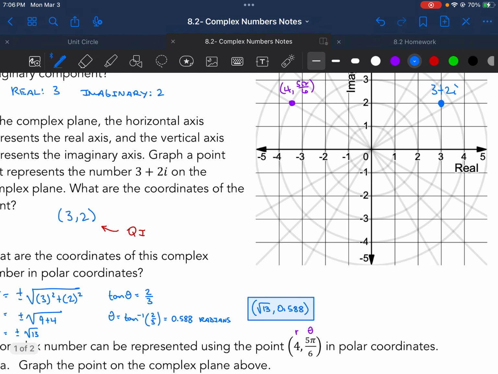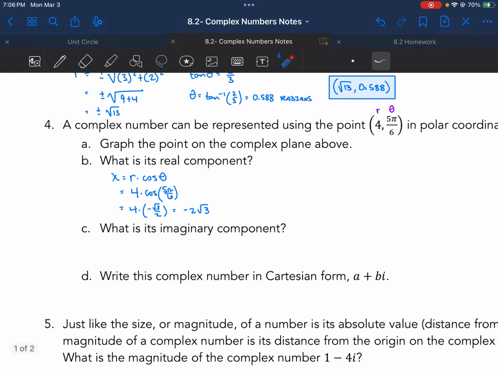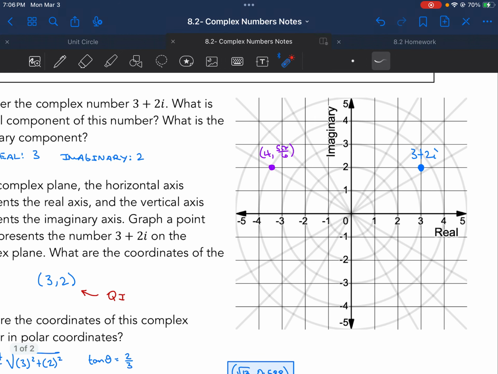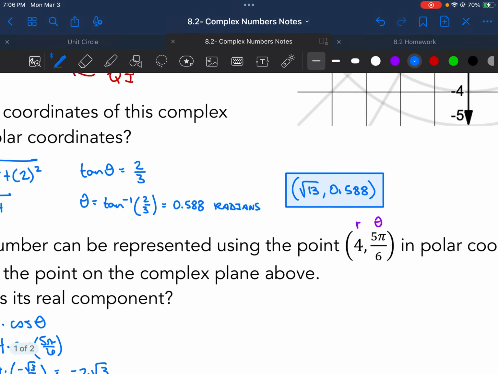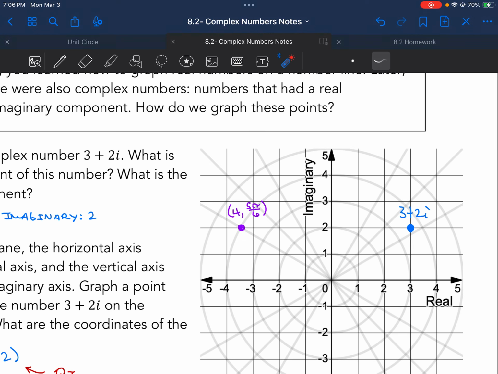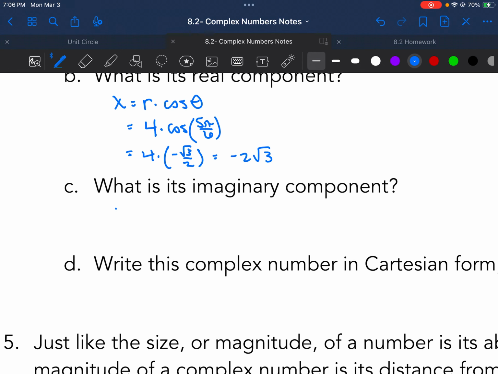Again, the real component is coming from the x value because the real axis is taking the place of the x-axis here. The imaginary component is going to come from the y value. In this case, we can already see it's 2, but let's go ahead and show that it's 2. We know that the y value, and again, the imaginary axis is taking the place of the y-axis, came from y equals r times the sine of theta.